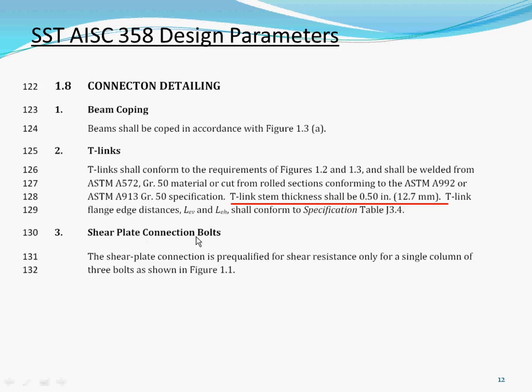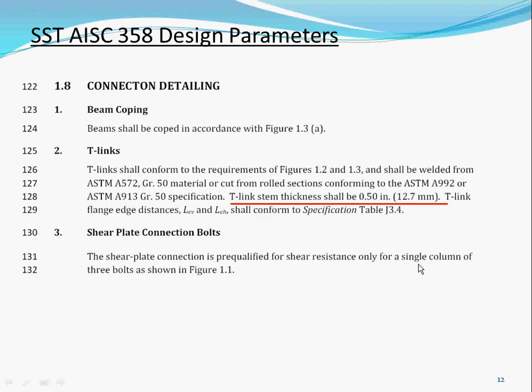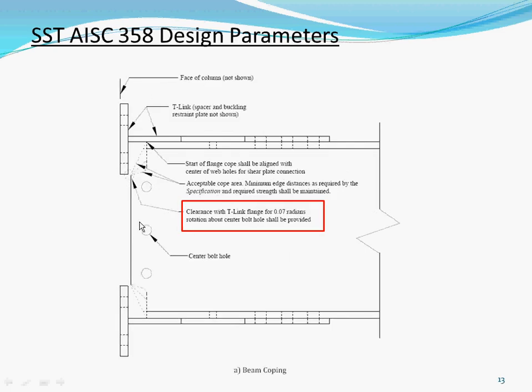Shear plate bolt connection. Pre-qualifies shear plate only for one single column of 3 bolts as shown. So we only qualify for 3 bolts. Center bolt, the other bolt. This is called coping of the beam.